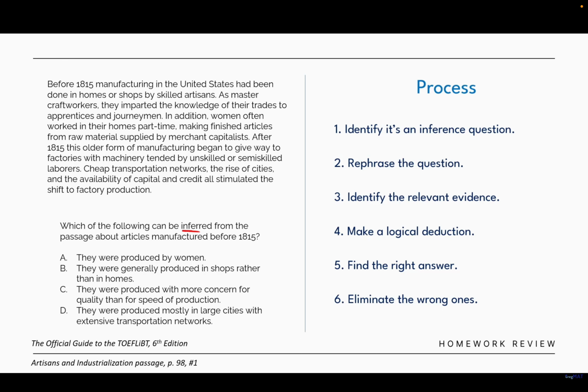Which of the following... what can we conclude from the passage about the objects manufactured before 1850? Yeah, exactly. What is likely true about the objects that were made before 1815? And of course, the evidence is going to be right around here.